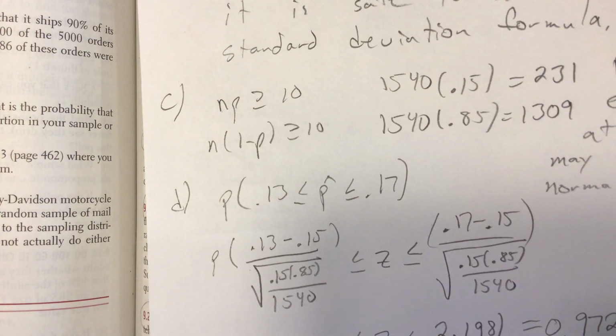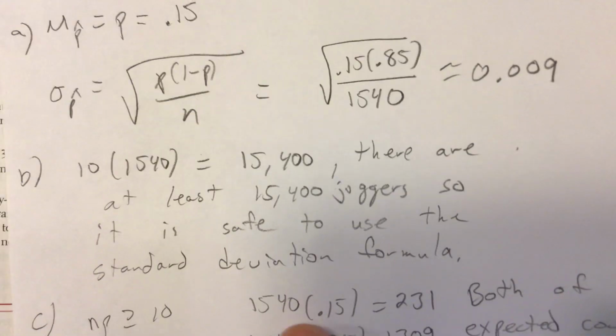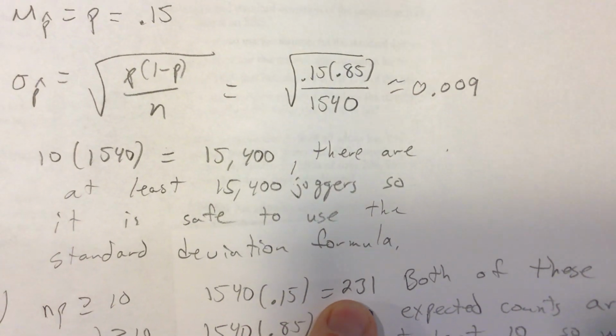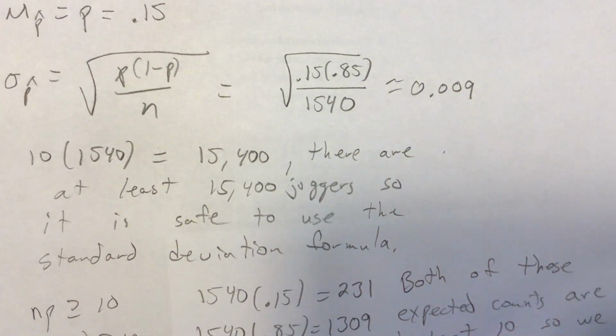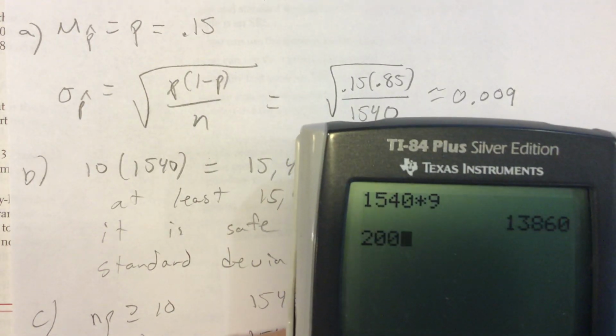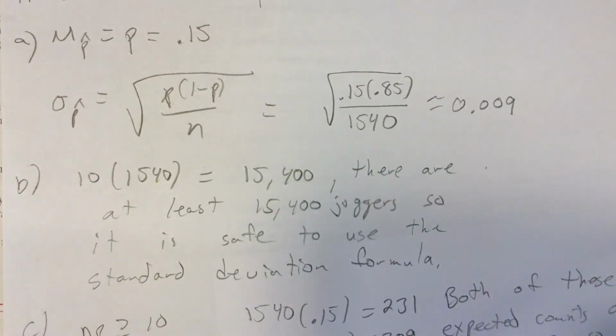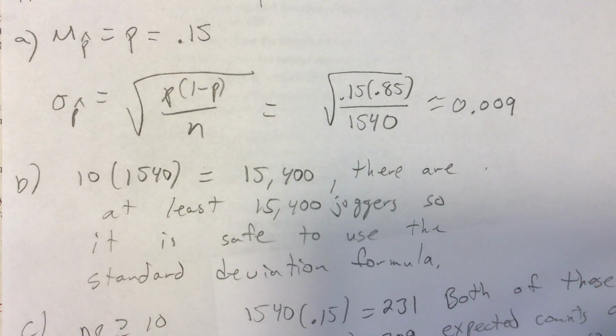Oh, and we need to confirm that 200 times 0.15 is at least 10. So let's just confirm that real fast. Sure enough. So it is safe to use our normal distribution here.